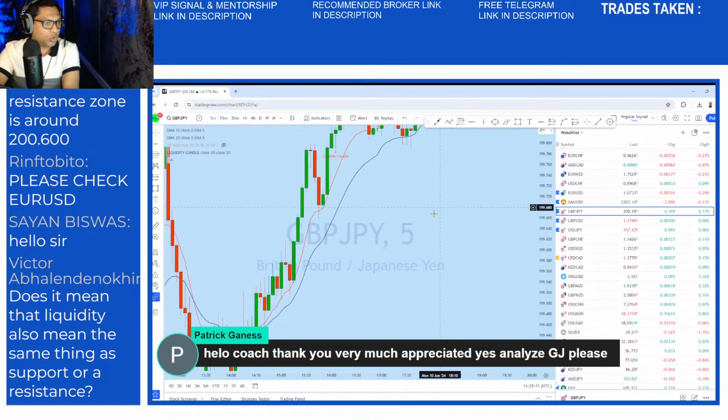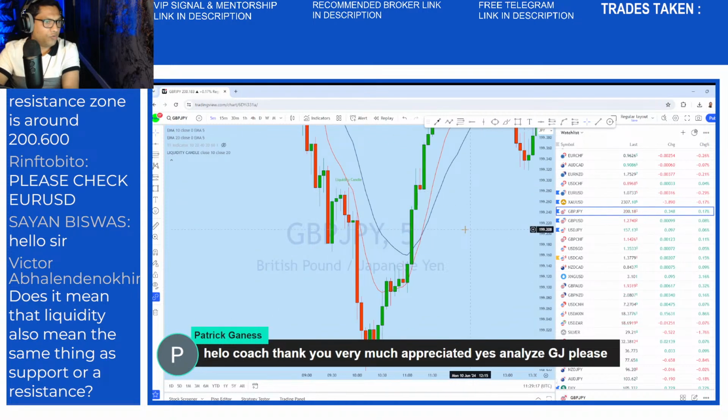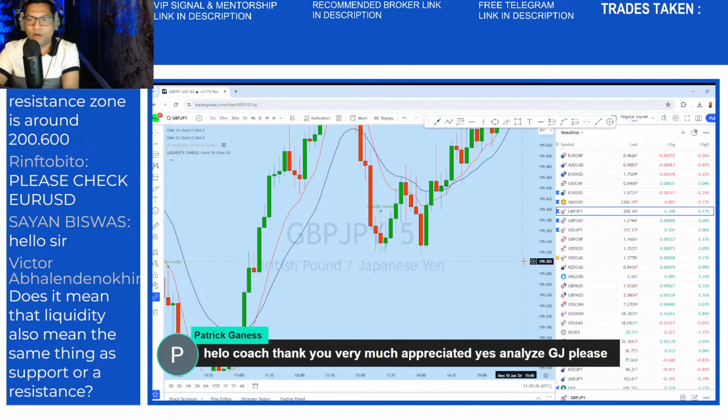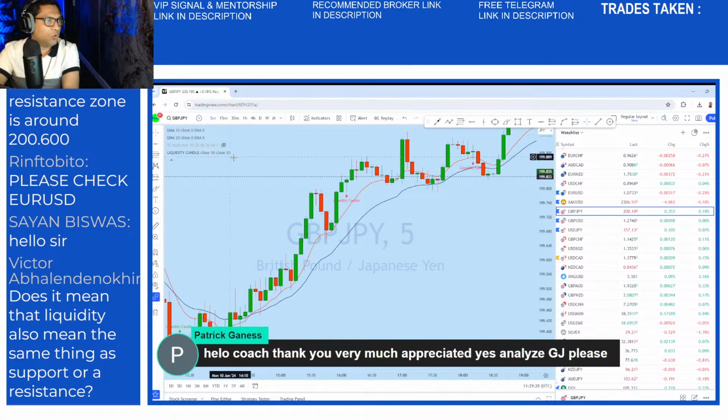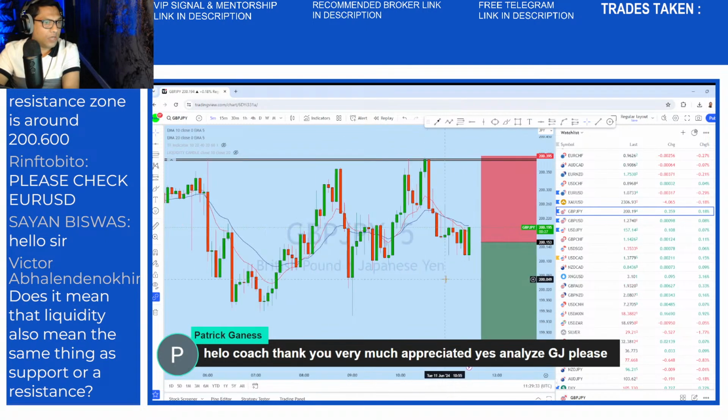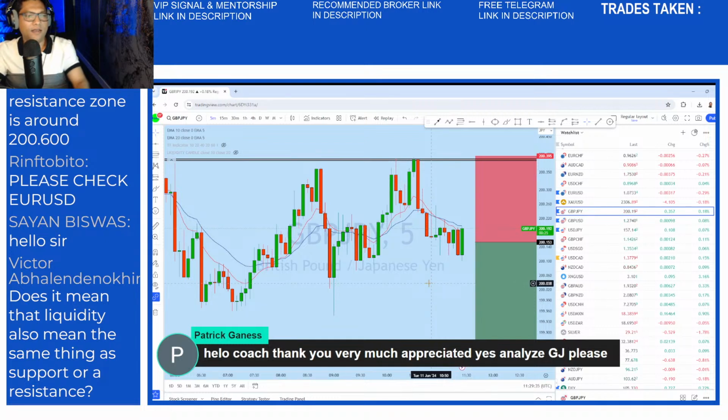There are also rules on the liquidity candle. If you are using the liquidity candle based on rules, most of them should go in the direction. This tool helps me understand when the market is grabbing the liquidity. But if you don't have access to the tool, the best way is to know the trend and then wait for the break of structure from the trend to find that liquidity zone or the liquidity candle.